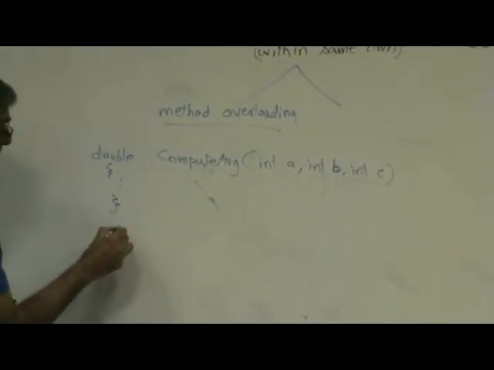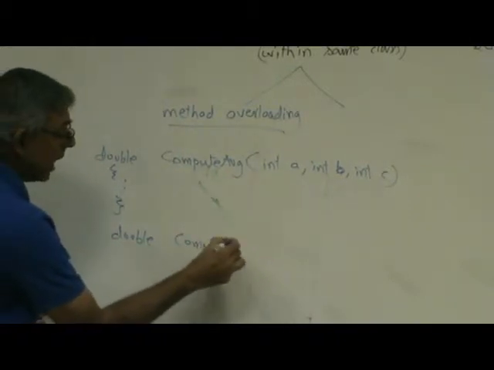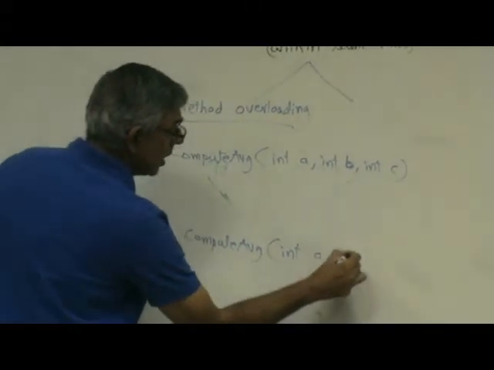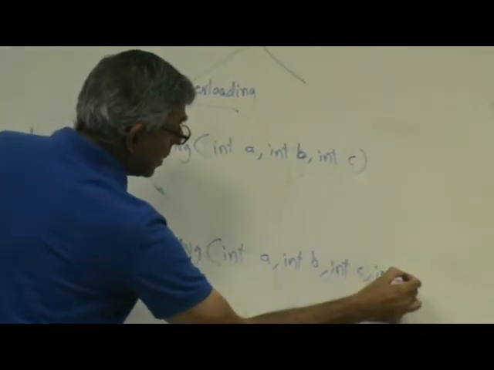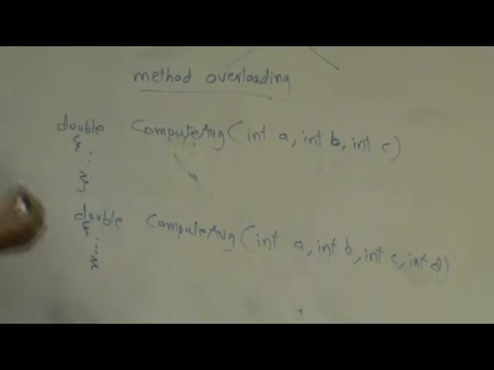Can we have one more computeAVG in the same class which takes the average of 4 integers? Yes. So that's called, again, method overloading or function overloading.